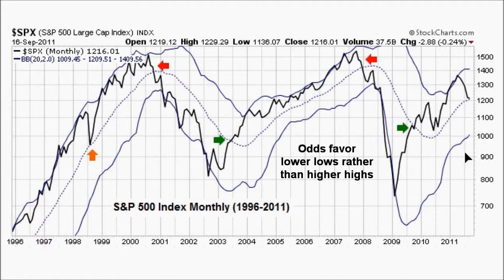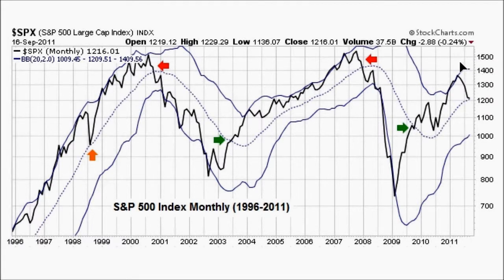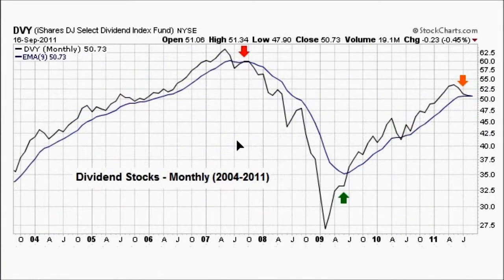Given all those things, it seems pretty realistic that the probability of moving towards this lower band remains higher than moving towards this upper band. If we close below 1209, we're back on a sell signal. This is the second monthly sell signal that we lost on the S&P 500.